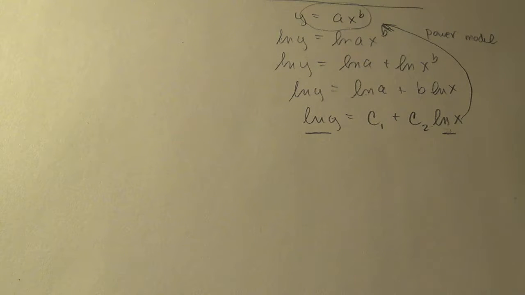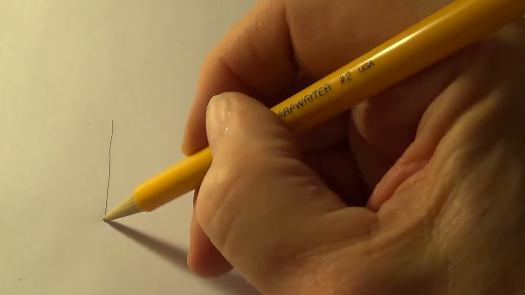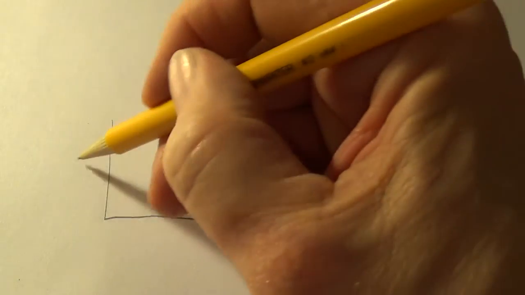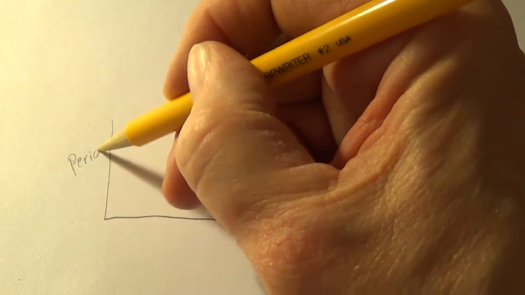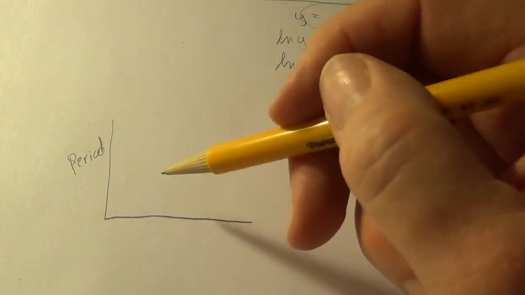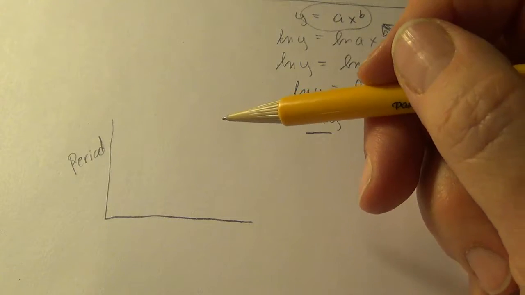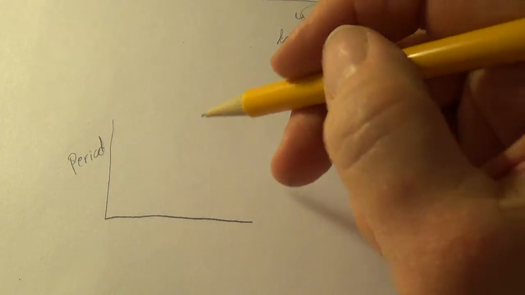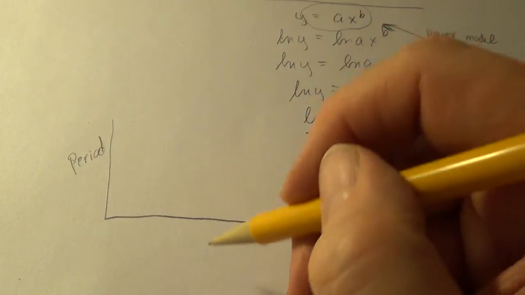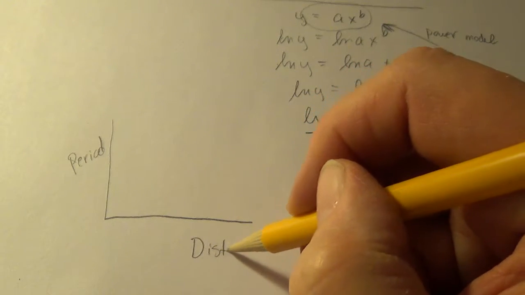So they're studying this planet, and they did that by looking at the relationship from all the planets we do know, and they found the period, which is how long it takes a planet to go around the sun, which is its year, and the distance it is from the sun.